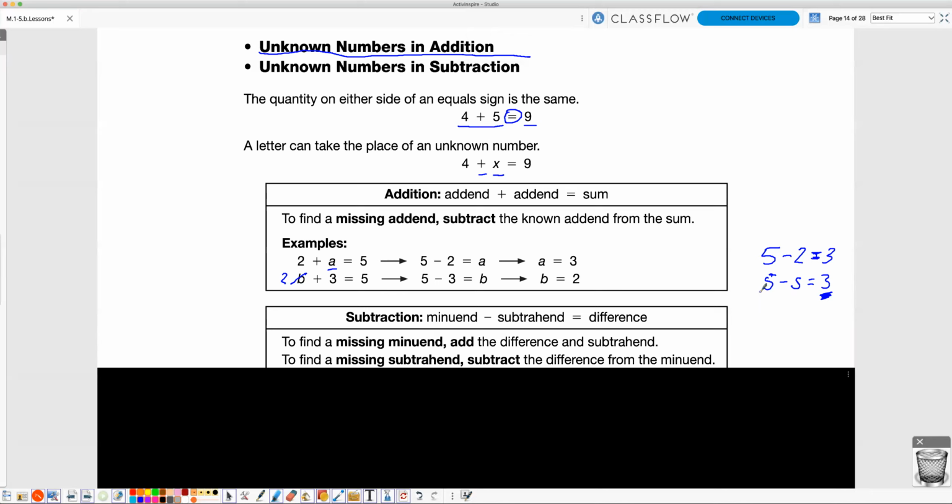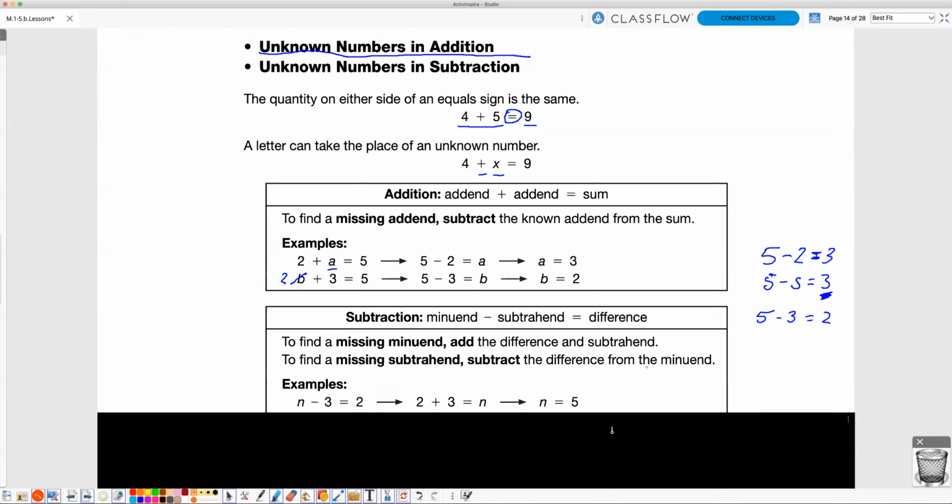Doesn't have to be always. It's just the first of the two in a subtraction equation. And then the second one is the subtrahend. So if you have 5 minus 3, you know that it's going to be 2, and that is the value. So 5 minus 3 equals 2.